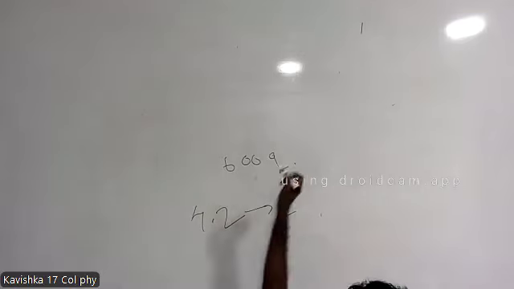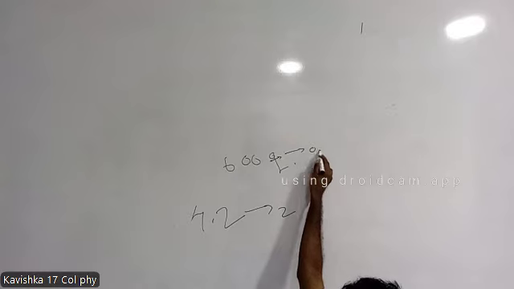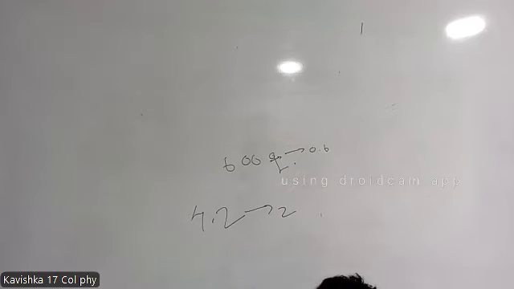Then what's the value? 0.6 kilogram into 5 ms minus 1. Then it's 3 kg ms minus 1 as the final answer.